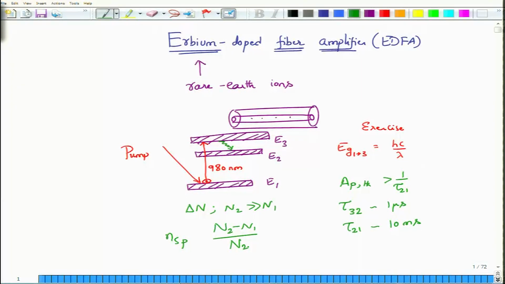When you fill completely, N1 will be equal to 0 and NSP can go all the way to 1, or maybe this is actually 1 plus (N2 minus N1) by N2. So the filling factor can go from 1 to 2. I have to adjust these numbers in any way, but don't really worry about it.